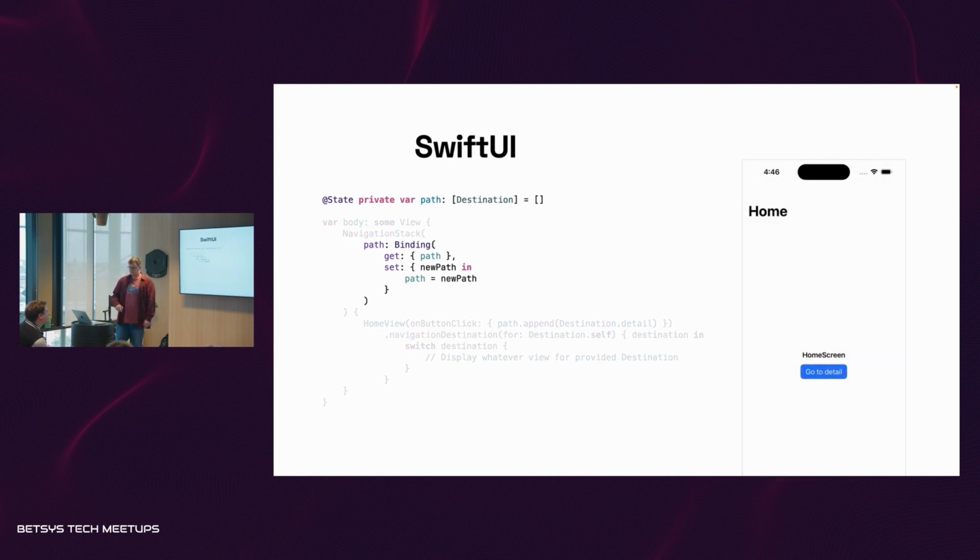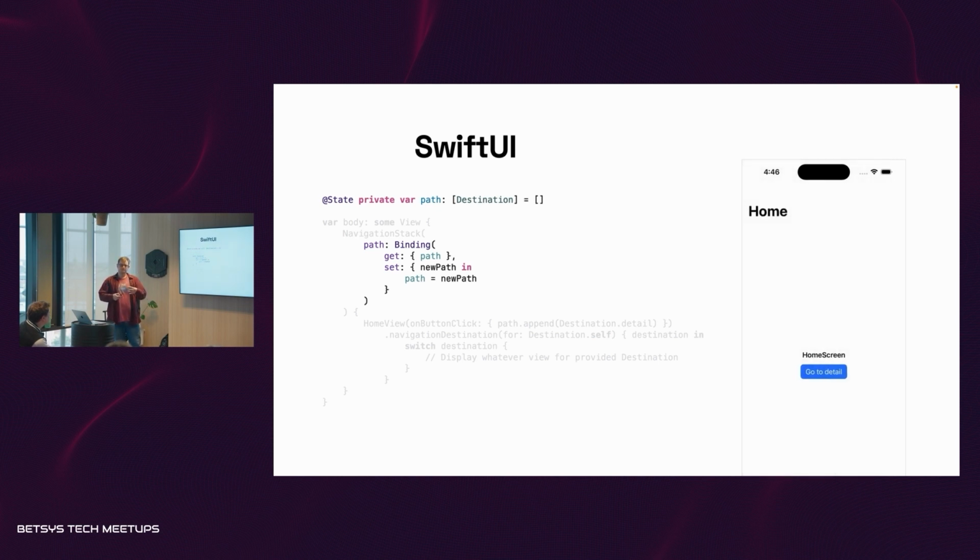In SwiftUI, iOS devs will be familiar with this, but the way that the navigation stack syncs the state back to the underlying data structure that holds your stack or path is using the binding. So basically, this binding reads the navigation state, and this navigation state is displayed for you.